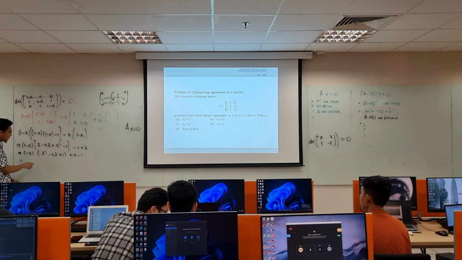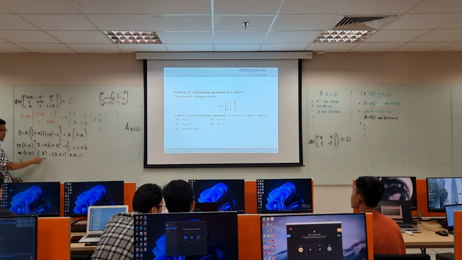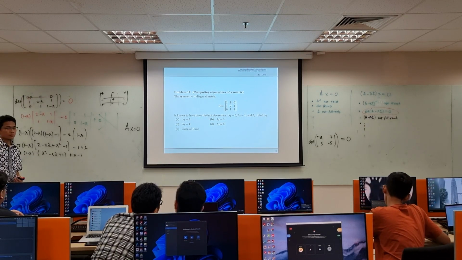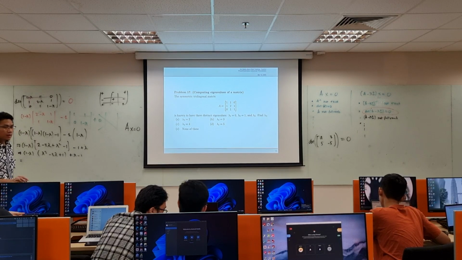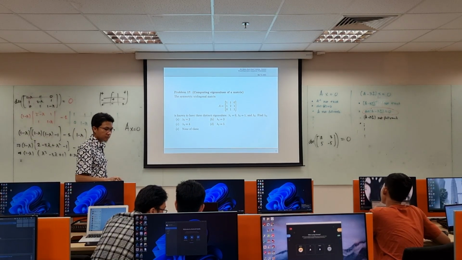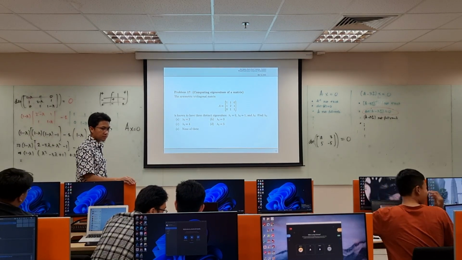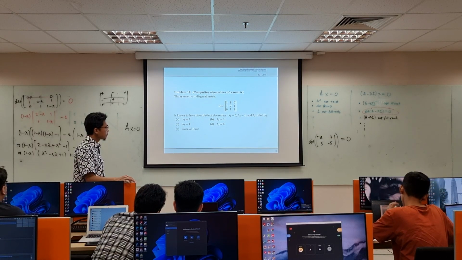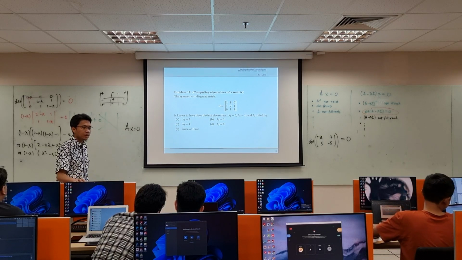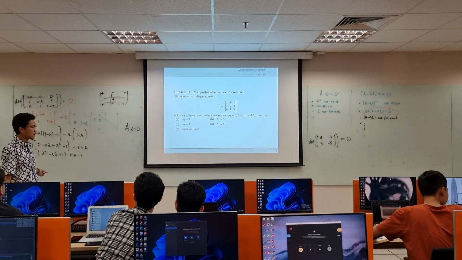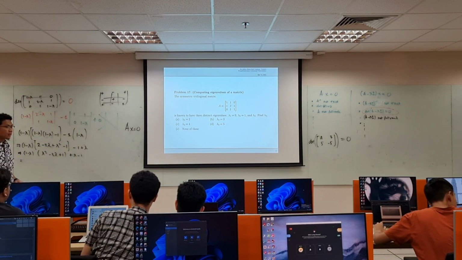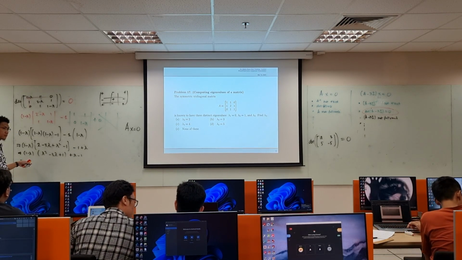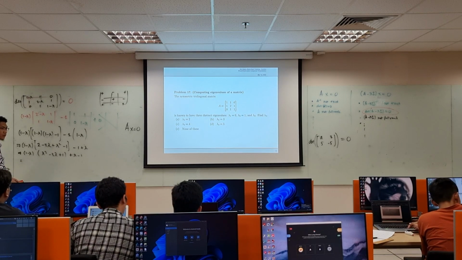Okay, can anyone get this? I will tell you how to get the lambda 3 from here. After this, I will show you how to get the lambda 3. Can anyone compute this? Can you get it for me?